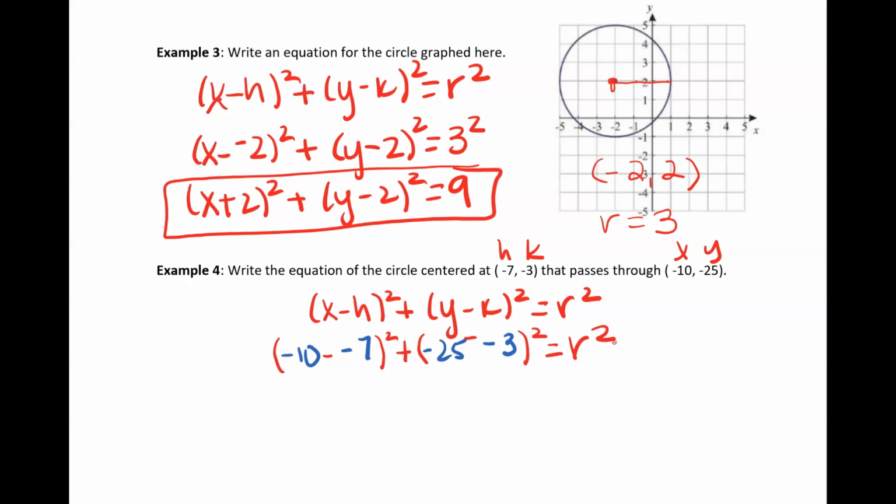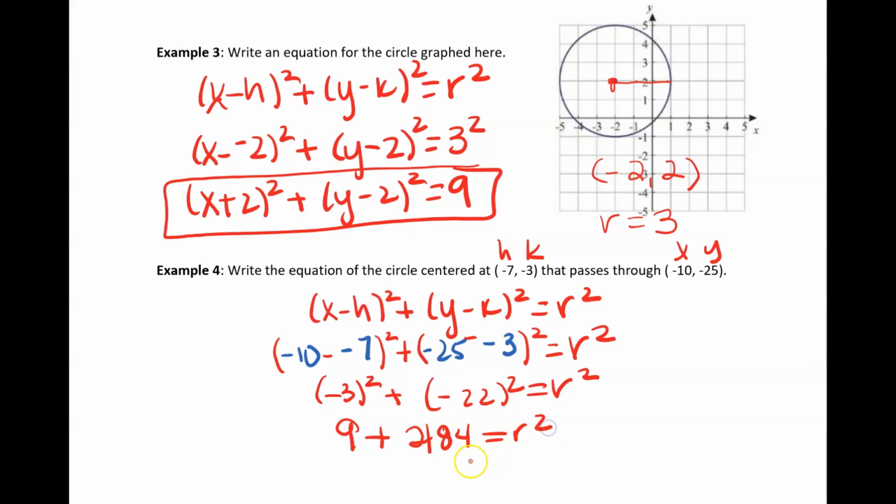So simplifying that up, I get -10 minus -7, which gives you -3 squared, plus -25 minus -3, so it ends up with a -22 squared equal to r squared. So 9 plus 484 equals r squared.